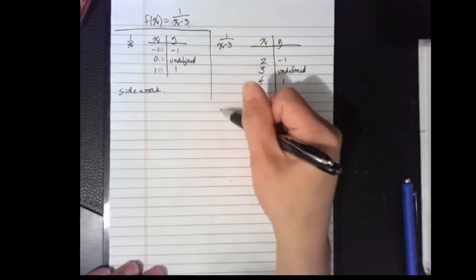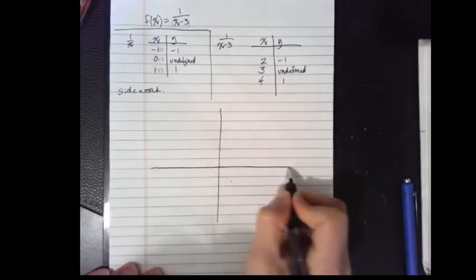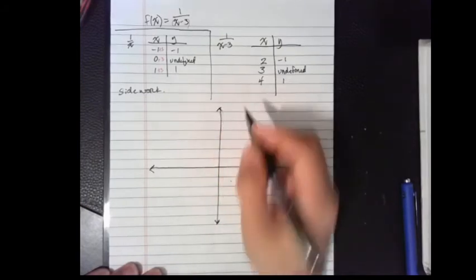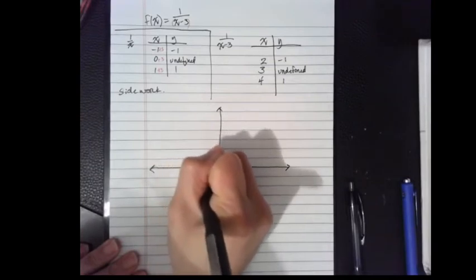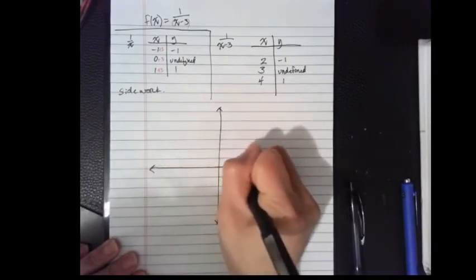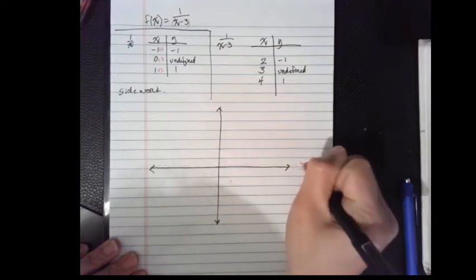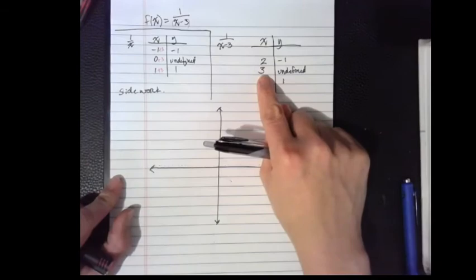So to graph this, I still have my horizontal asymptote y equals 0. I'm still not going to cross over that. But now, where I'm undefined is x equals 3.